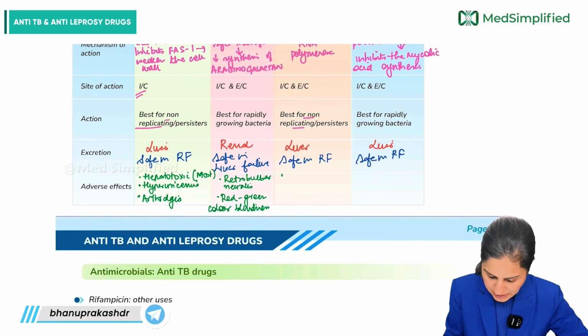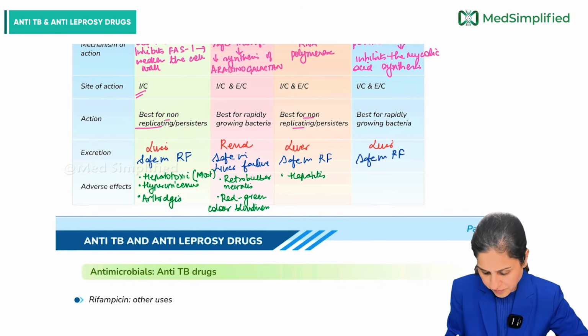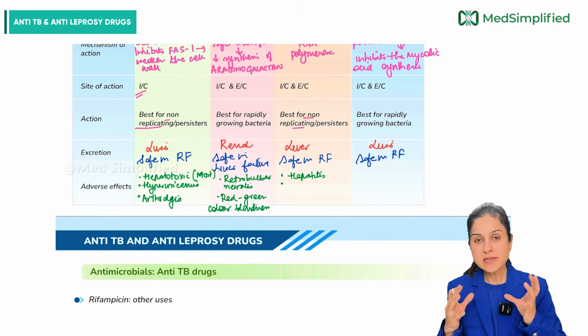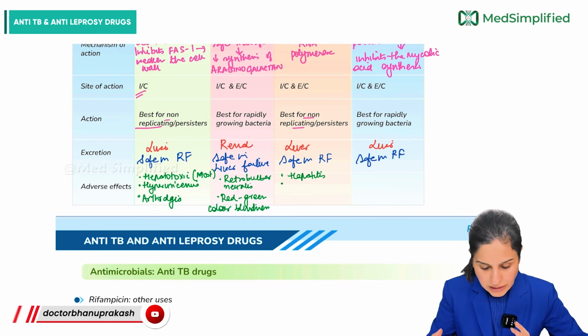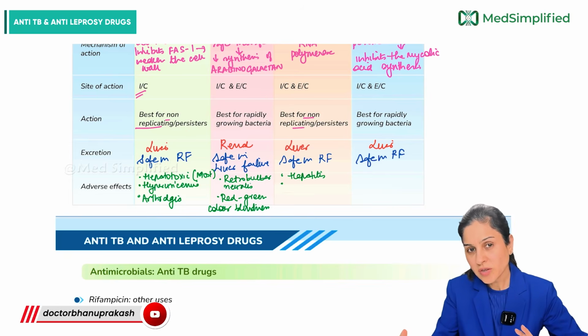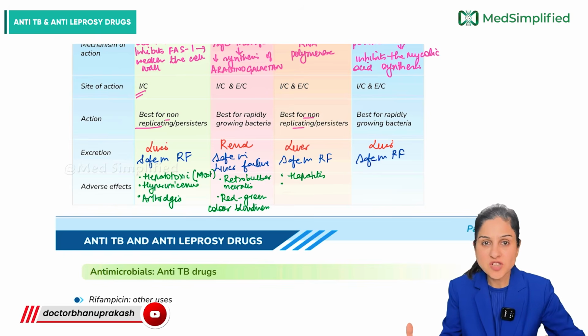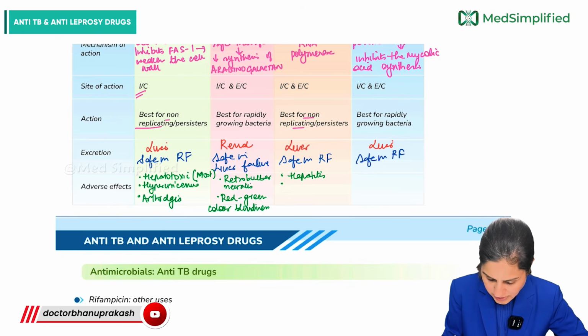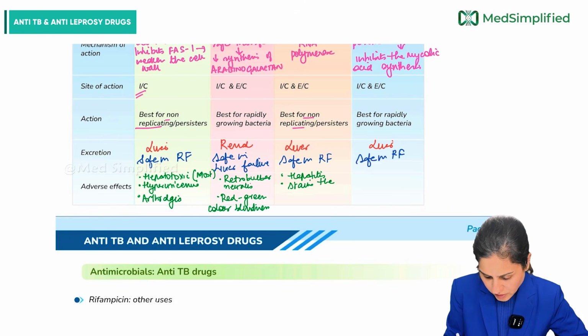Rifampicin. Rifampicin, again, one is hepatitis. It causes reddish-orange staining of the various secretions of the body, right? So, it stains the body secretions.